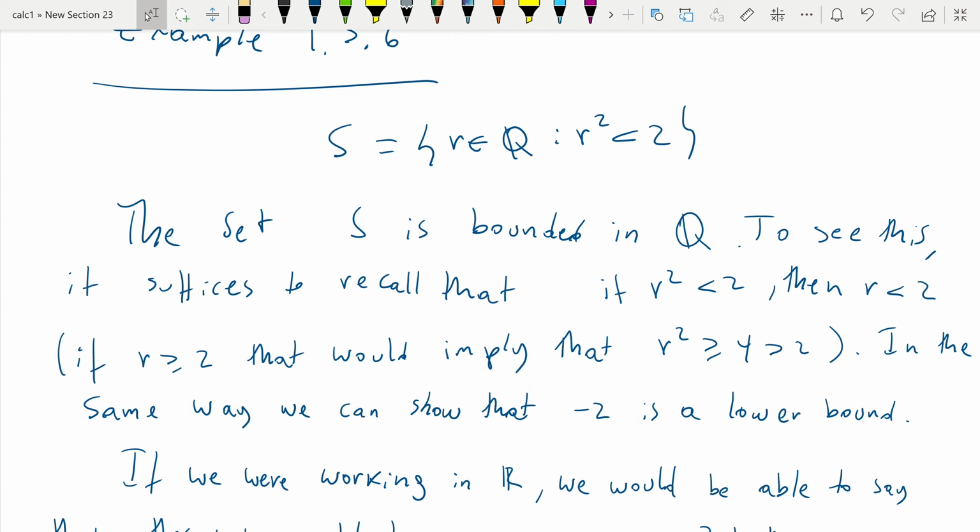The function r squared keeps the ordering. If you look at the positive side of the rational numbers or real numbers, if r1 is less than r2, then r1 squared is less than r2 squared, and vice versa.